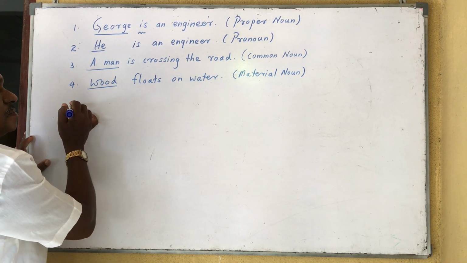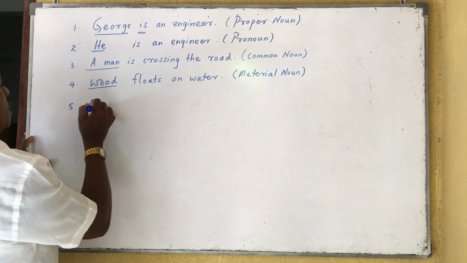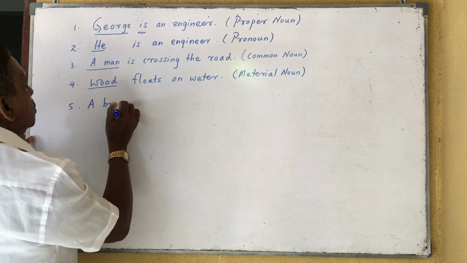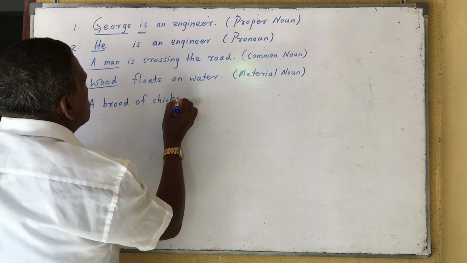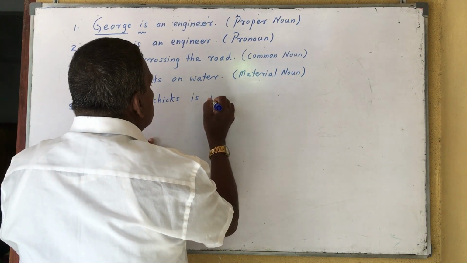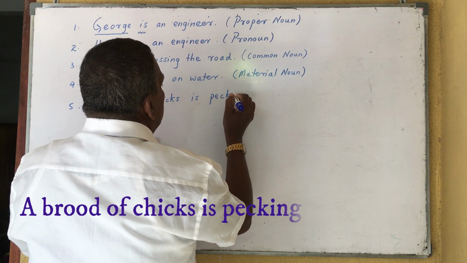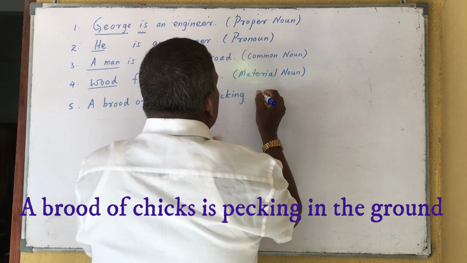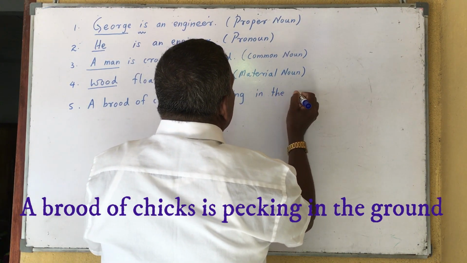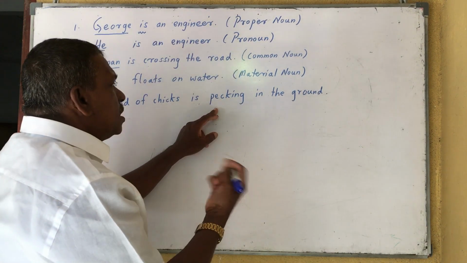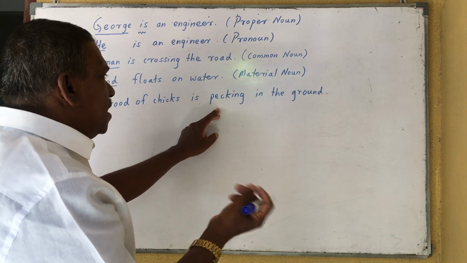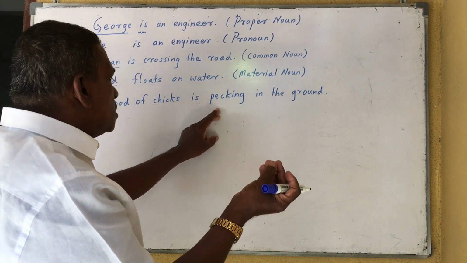Now you see a brood of chicks is pecking in the ground. Pecking means picking up some food. Their food is morsels.